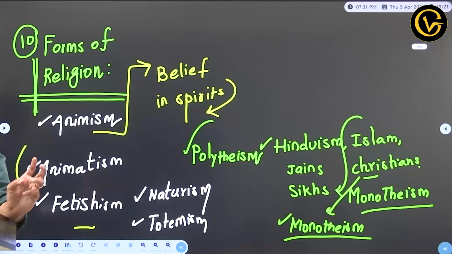Then I explained with examples the difference between power, authority, and legitimacy. Power is the ability to influence, the ability to coerce, whereas authority is something which is based on legal sanction or a social sanction or a moral sanction, whereas legitimacy is about giving acceptance to the authority.